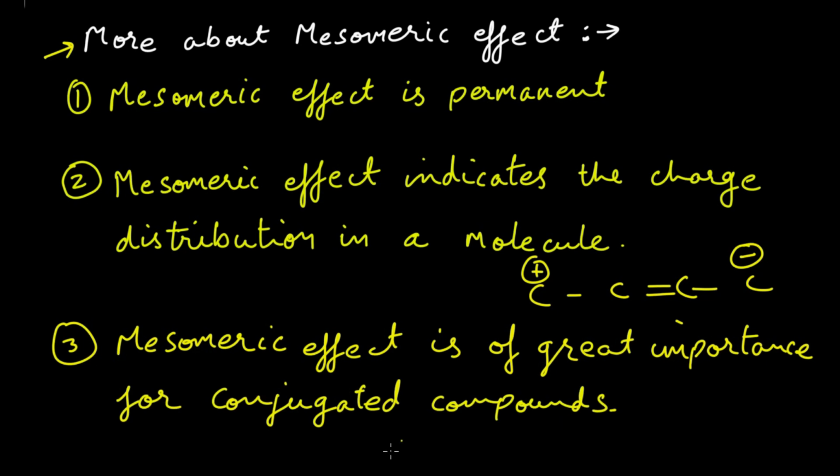Alternate single bond and double bond, like this. In case of benzene, benzene is also a conjugated compound because there are alternate single bond and double bond. In case of conjugated compounds, mesomeric effect definitely plays a great role and it helps us to determine various resonating structures for that particular compound. Alright.